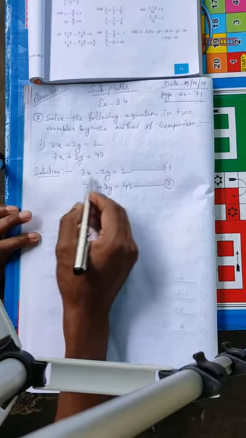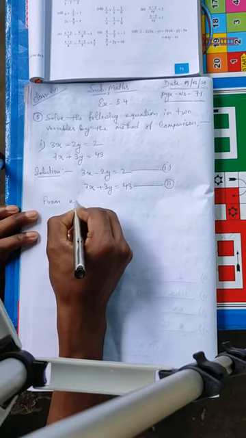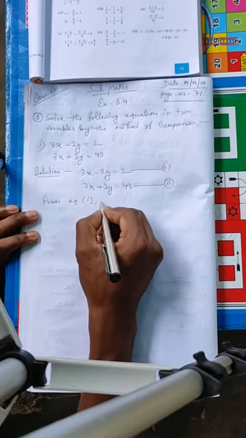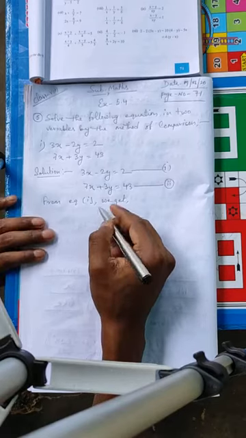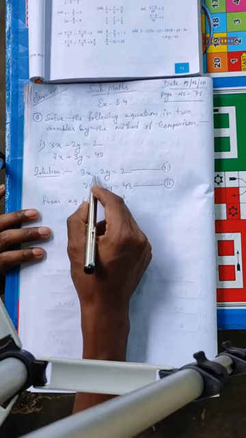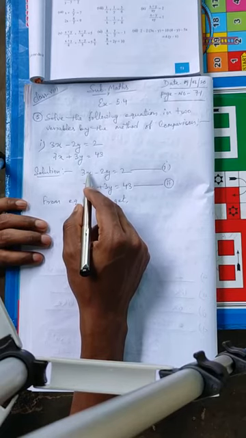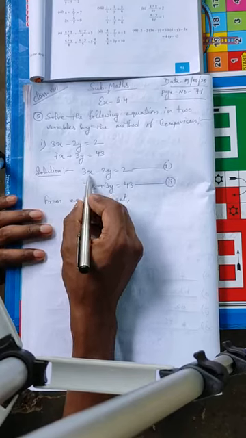So first we take equation number 1. From equation 1 we have to find the value of one variable, x or y.